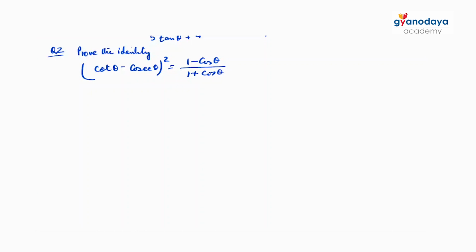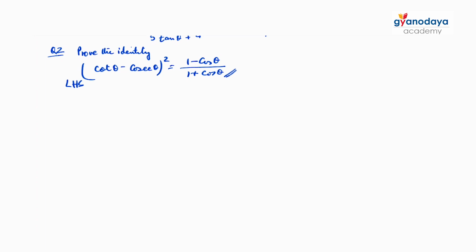When we are proving these identities, whenever we begin from the left hand side or one of the sides, we prove it is equal to the other side. Now what I notice here is that you have cot and cosecant in the left hand side, while in the right hand side you have the answer in cos theta.